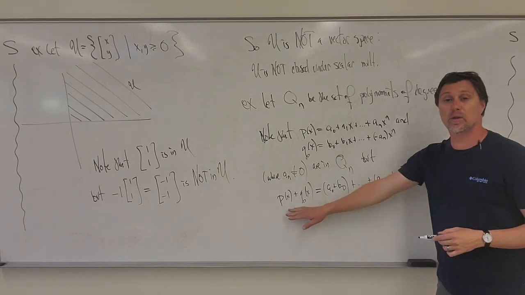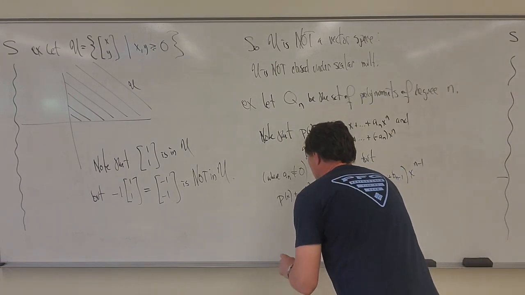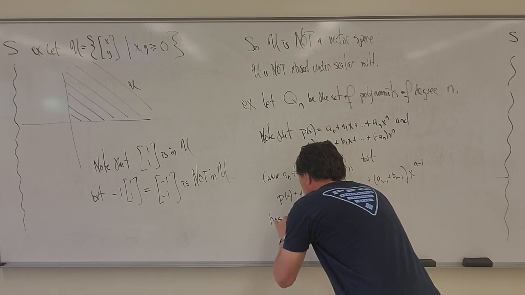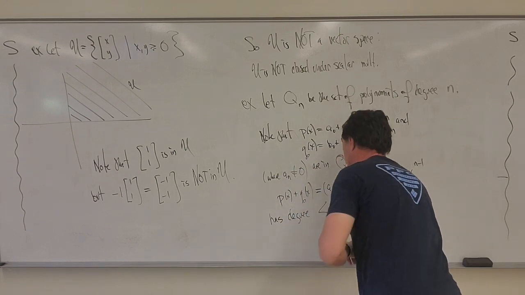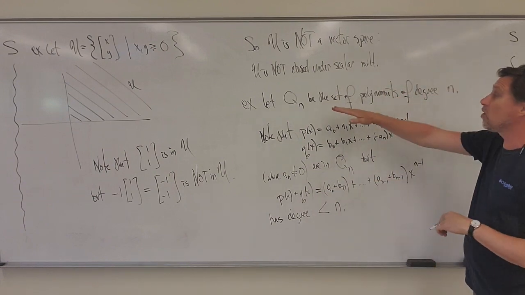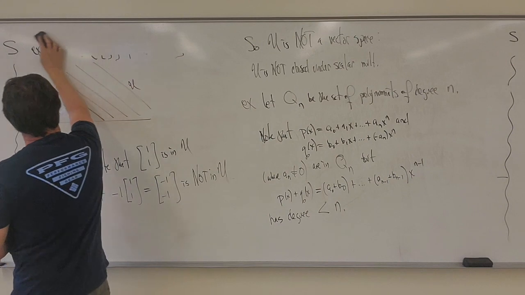This is a polynomial whose degree is not equal to n, so this has degree strictly less than n. So what does that mean? It tells us that Q sub n is not closed under addition.